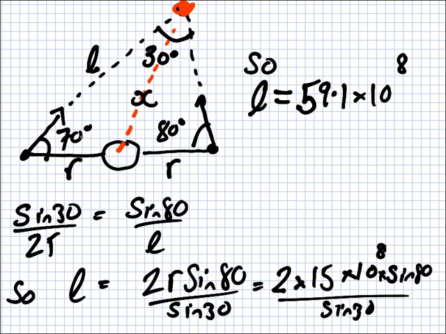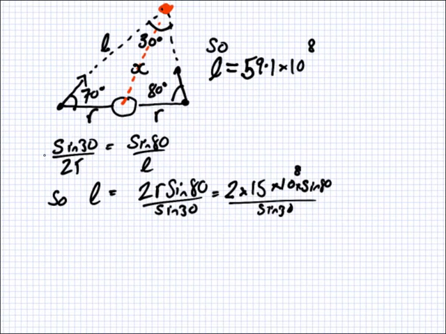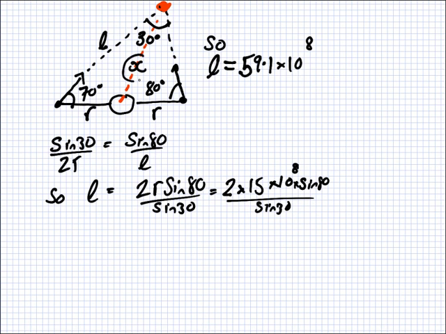Using the cosine rule starting with the x, I have x squared equals r squared plus L squared minus twice r L cos 70.